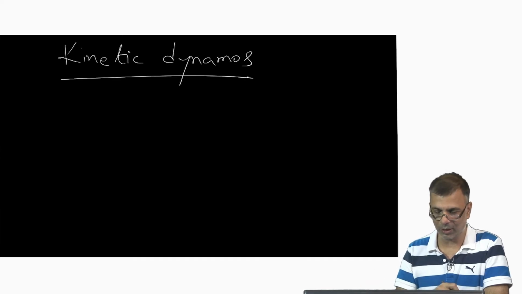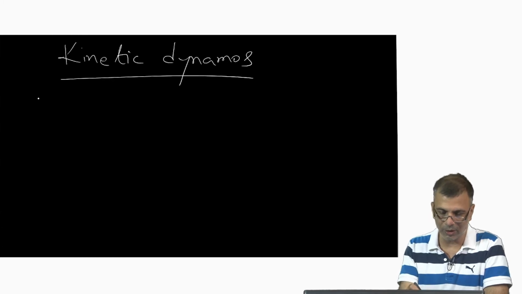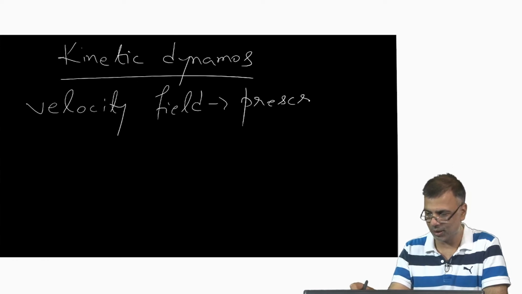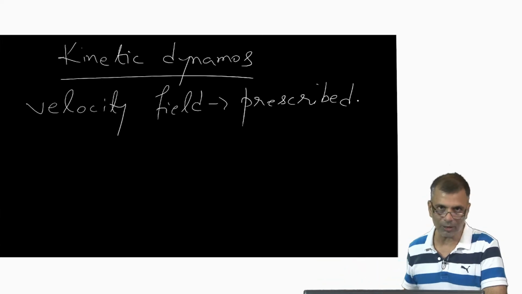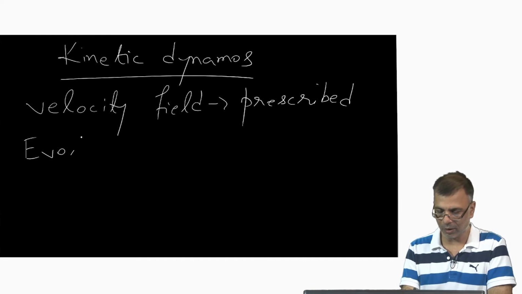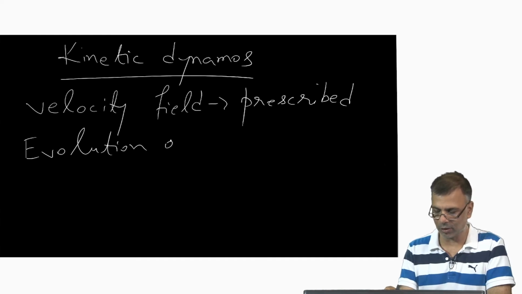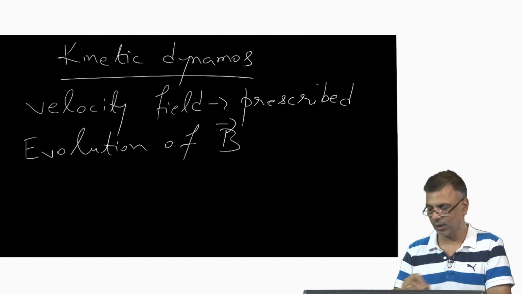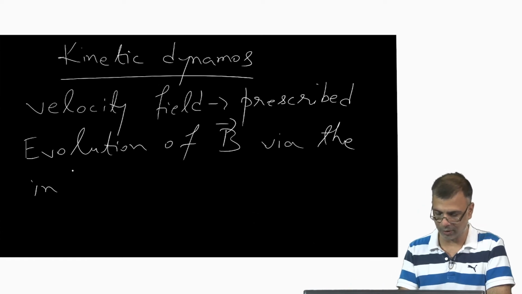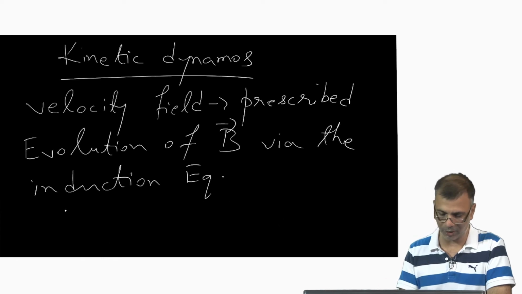Kinetic dynamos, as we said earlier, are ones where the velocity field is prescribed, is given to us through some other means, and we look at the evolution of the magnetic field, evolution of B via the induction equation, which we have seen many times.